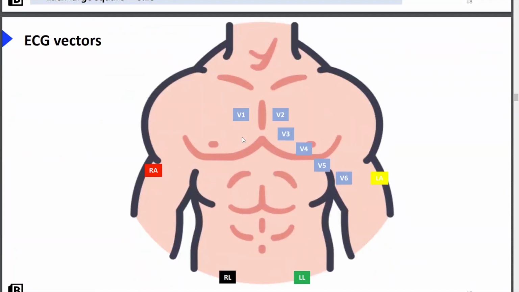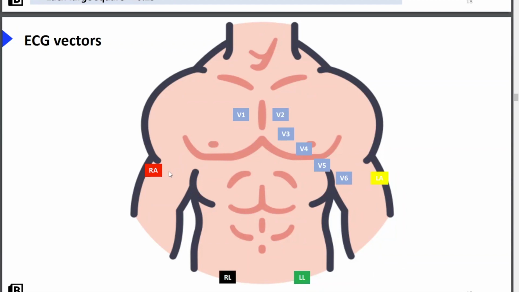So ECG vectors, moving on. This is the confusing bit. So we have 6 precordial leads or chest leads, V1 to V6. V1, V2, V3, V4, V5, V6 goes in the axilla, okay, it goes in the armpit. It's just a bit difficult to show that on this diagram. You have a right arm lead, a left arm lead, a right leg lead, and a left leg lead.